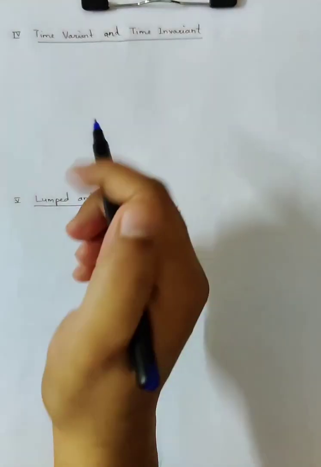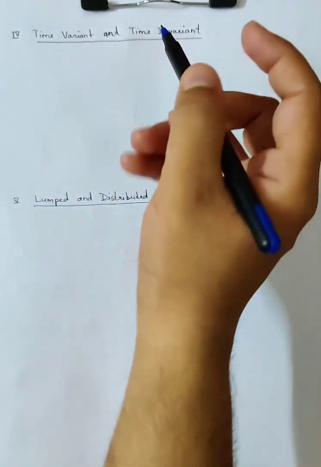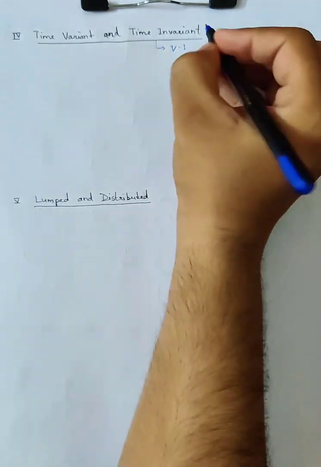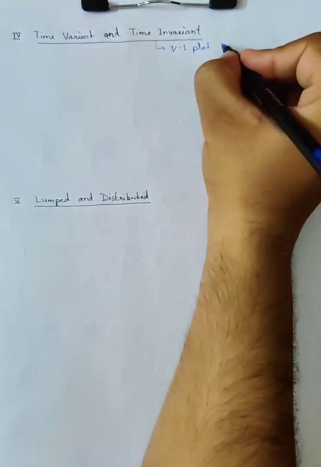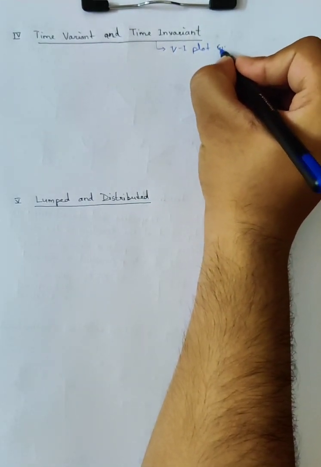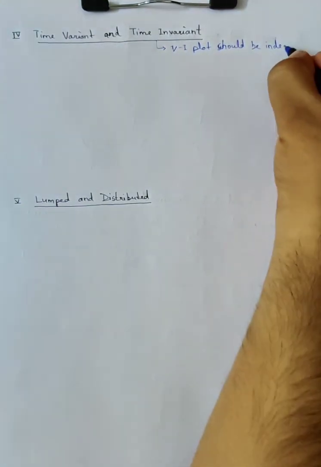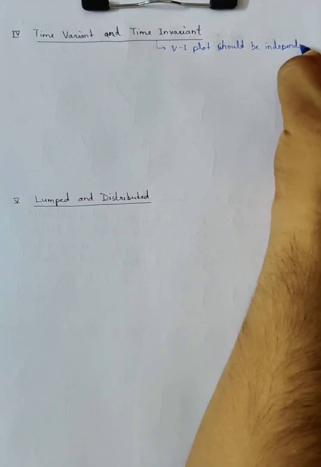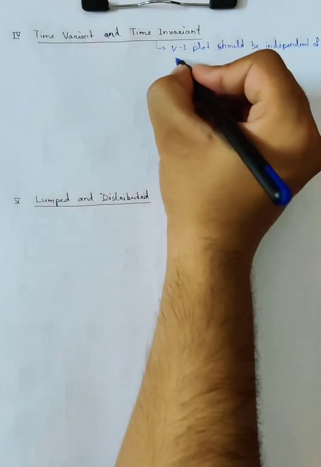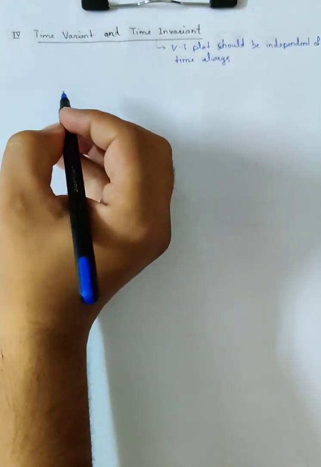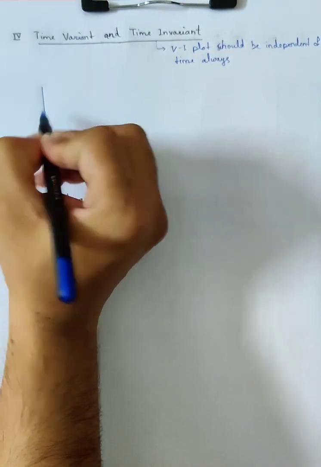The next classification is time variant and time invariant. For an element to be time invariant, its VI plot should be independent of time always. Let's take a plot.